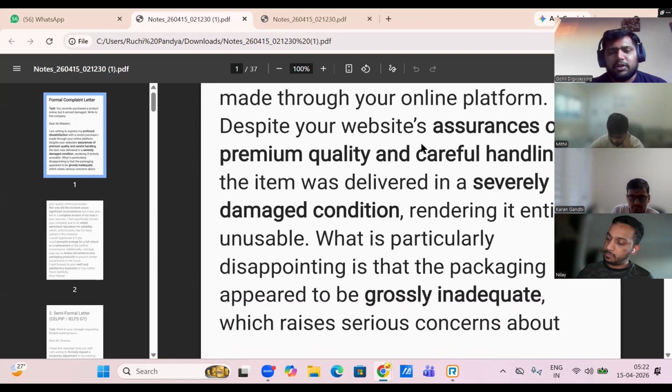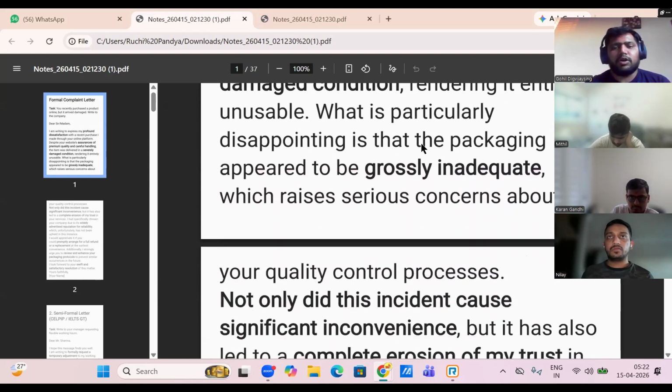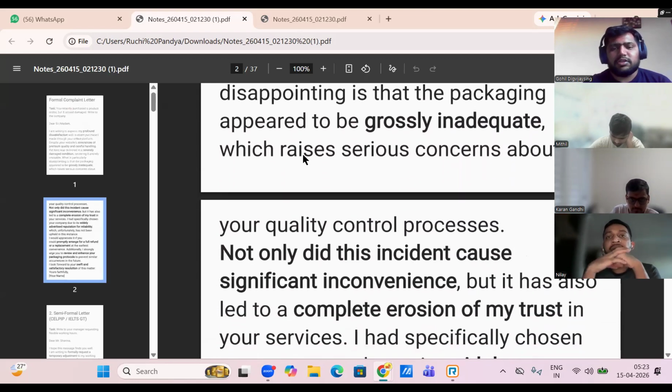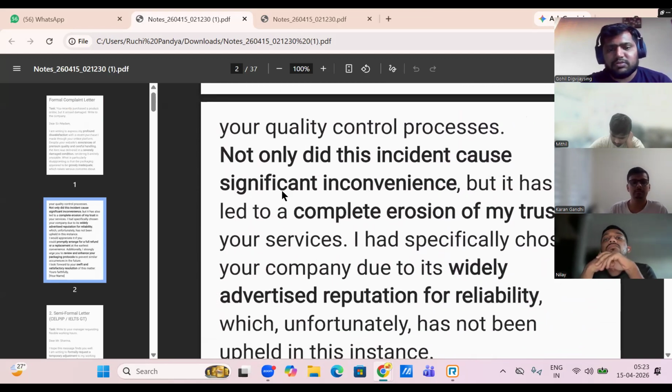What is particularly disappointing is that the packaging appeared to be grossly inadequate, which raises serious concerns about your quality control processes. Not only did this incident cause significant inconvenience, but it has also led to a complete erosion of my trust in your services.